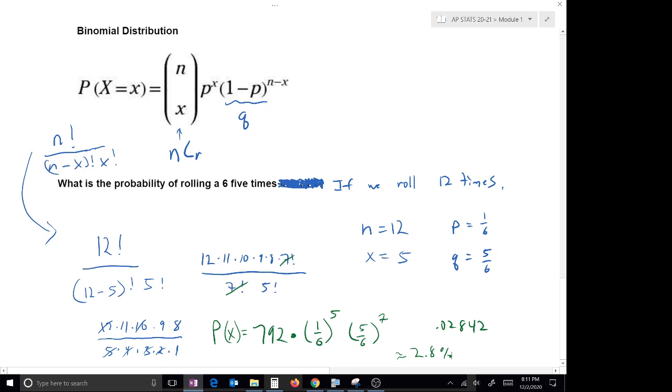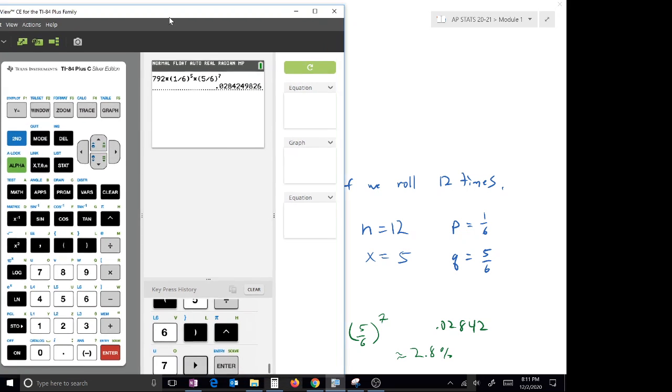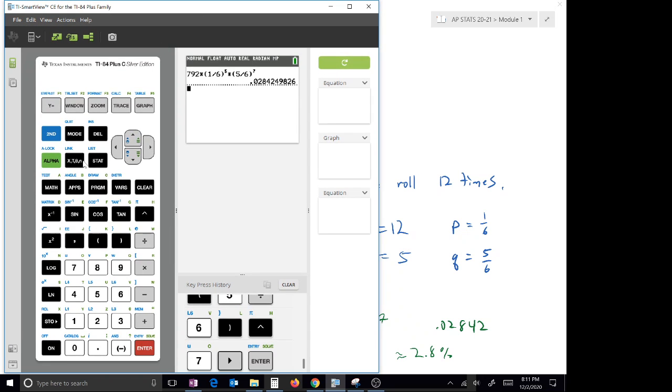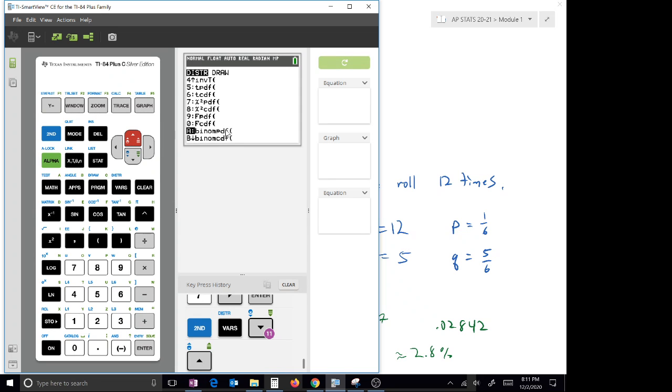Okay. All right. Let's show you how to do that on a calculator. So we don't need to do all this kind of messy factorial work. You don't need to remember this formula. Okay. If we pull up our calculator and we go to distribution, so it's second vars, okay, and we scroll down and we want binomial PDF.